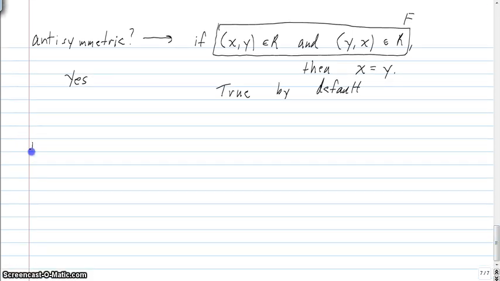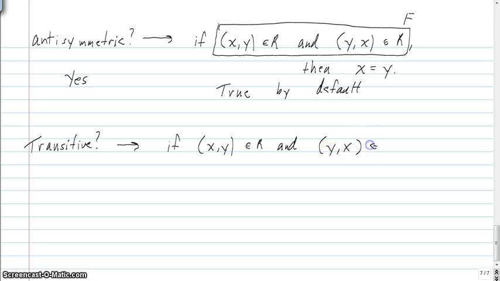Okay, and then finally, is the relation transitive? Remember, to be transitive, we had that if xy is in the relation and yz is in the relation, then xz must also be in the relation.